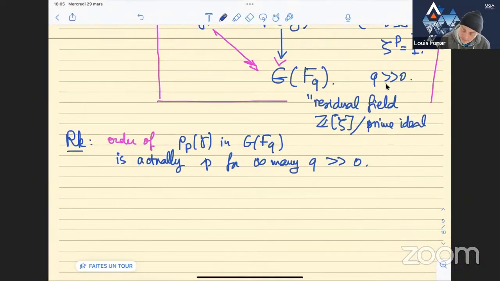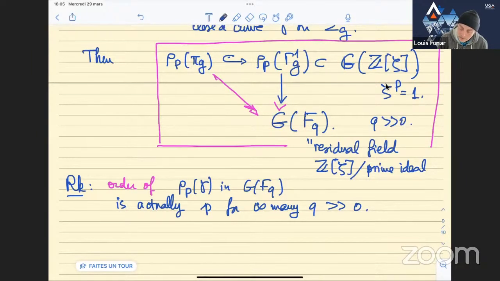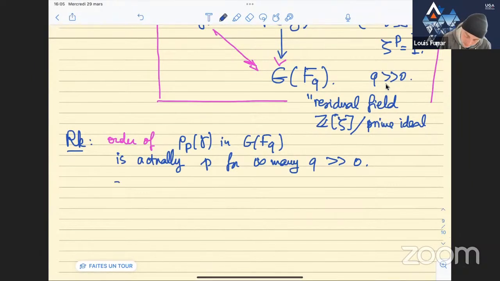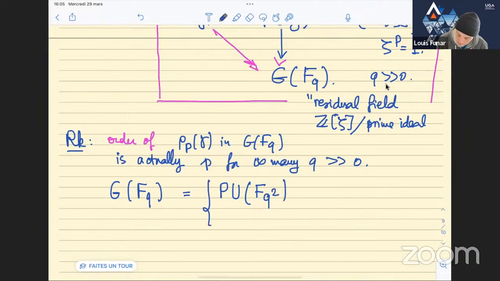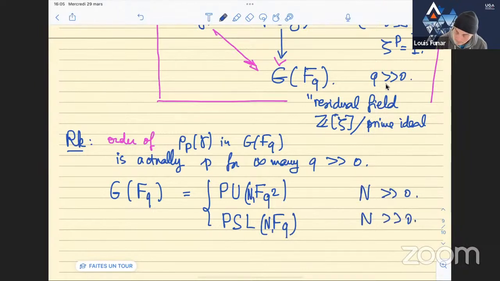So that means that we have such a characteristic quotient, which sends all curves into elements of non-trivial order, so there is nothing in the kernel, and at the same time, as G is a linear algebraic group, we can see that G of FQ is actually either some unitary group over FQ square sometimes, and in most cases some PSL_n of FQ, but here it's for n which are very big, the dimensions which appear.